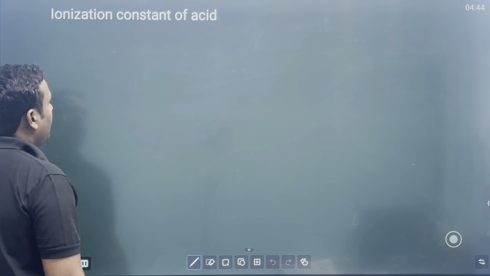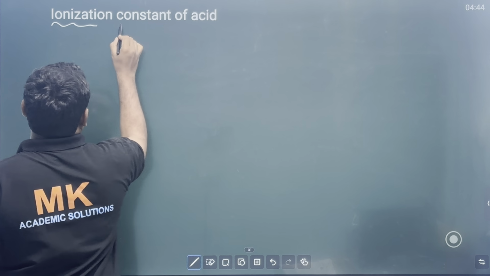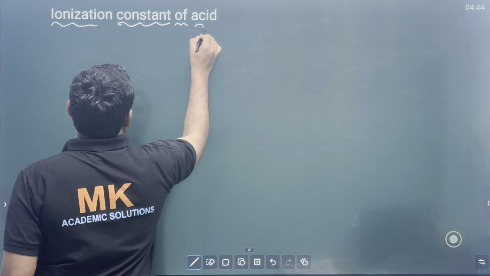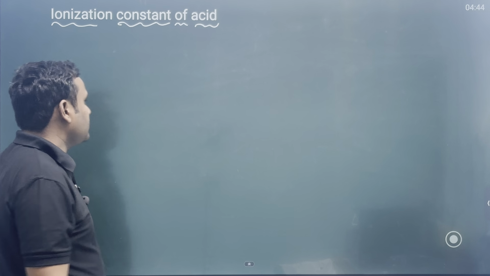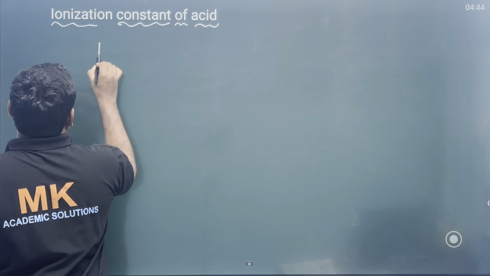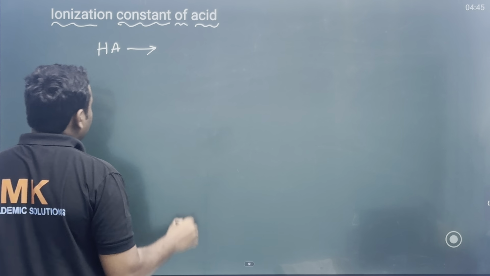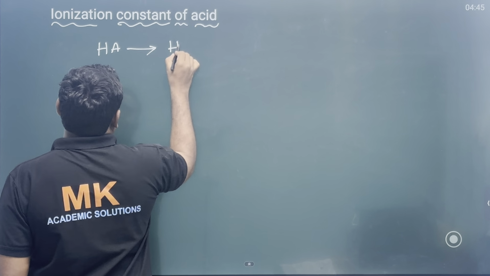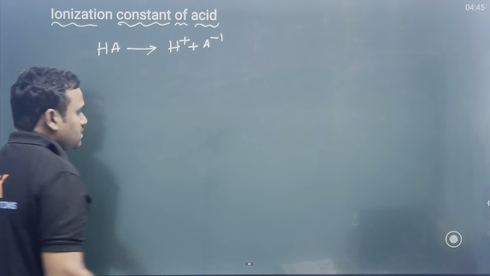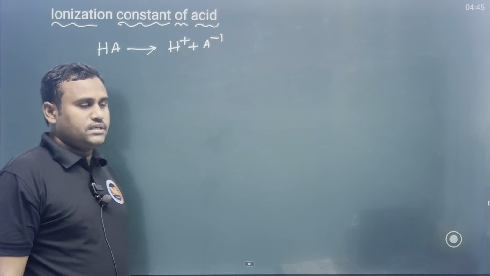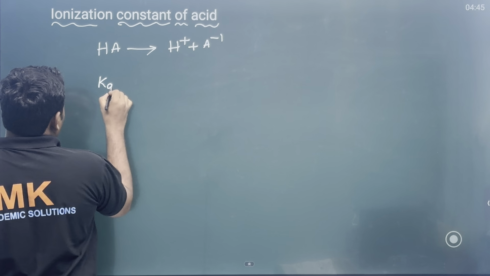Next, let's see the ionization constant of acid. So what is the ionization constant of acid? For example, generally we are going to take HA as the acid. This HA is going to dissociate as H plus and A minus. So this is the dissociation of acid. Now here the dissociation constant is Ka.